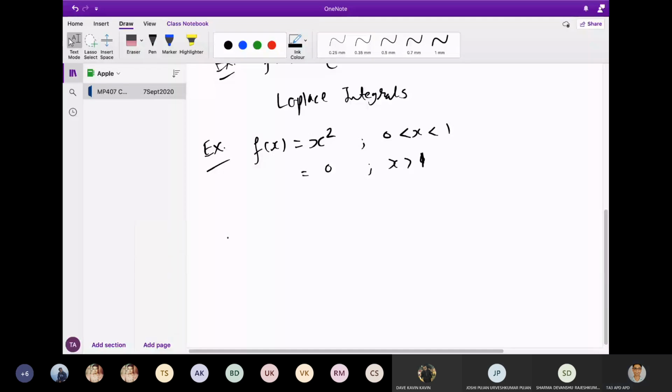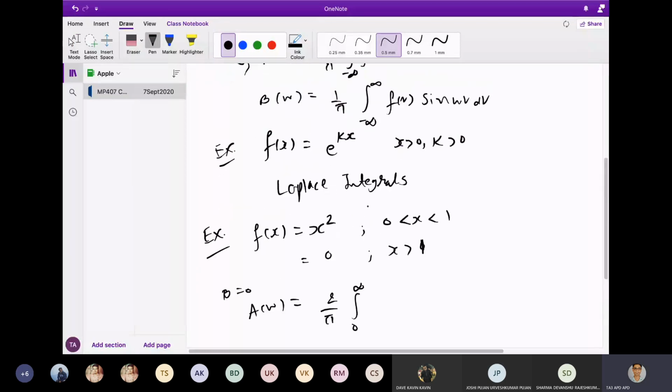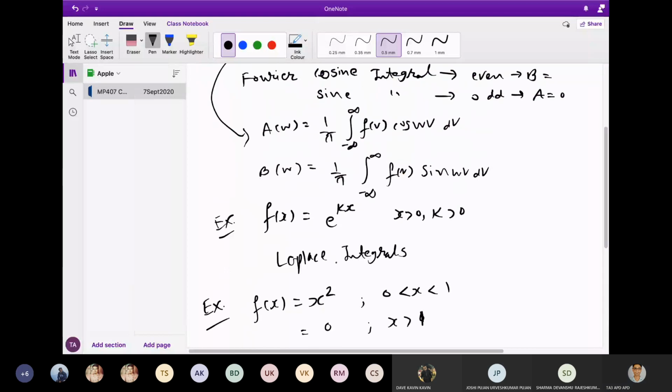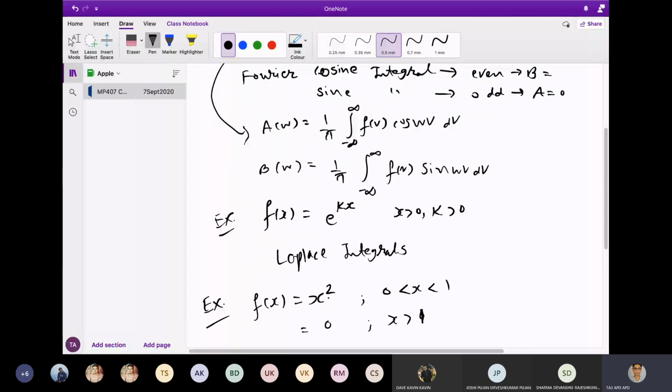So for the Fourier cosine integral, we have b equal to 0, and we find out the Fourier coefficient a to be equal to integral from 0 to infinity of f of v cos wv dv. So f of v is nothing but your function, that is v square between 0 to 1.